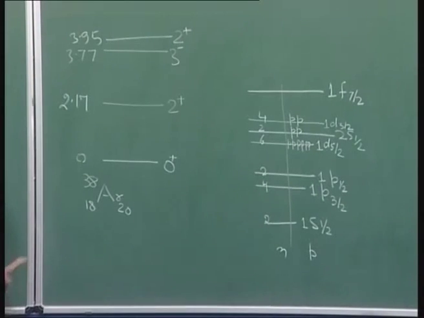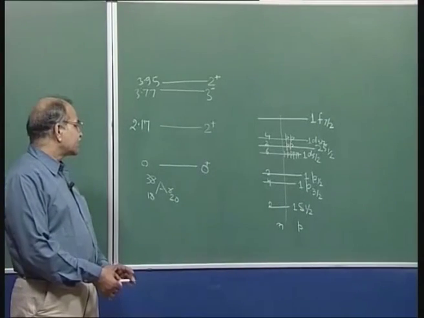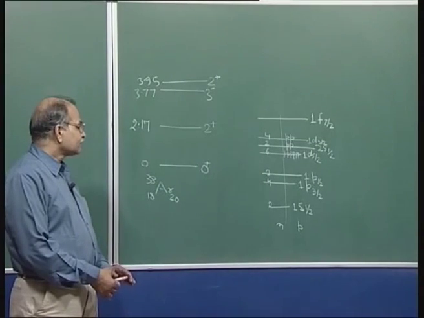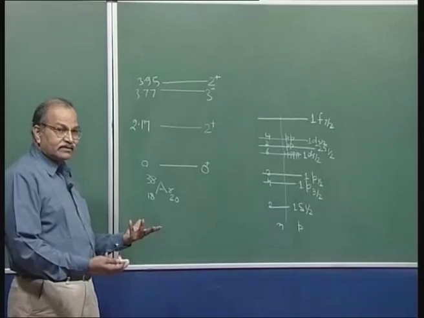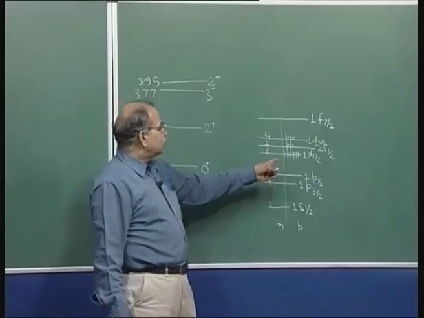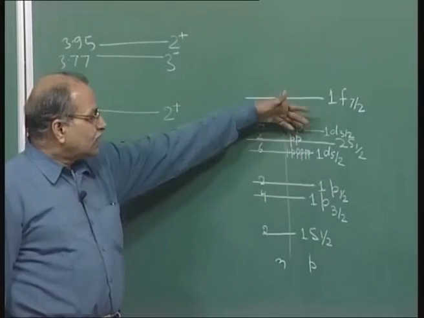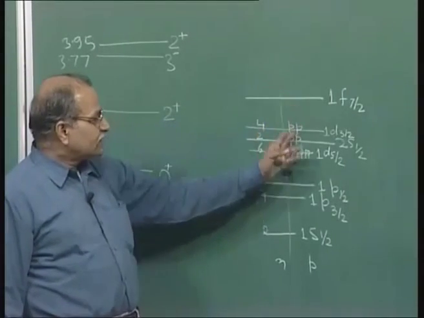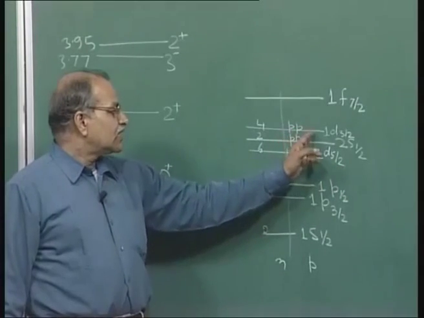So what should be the excited state? Where do you expect an excited state? How will you excite it? The obvious thing one would think is that this last unfilled shell here, this 2s 1/2 is filled, this 1d 5/2 is filled, here you have an unfilled shell.